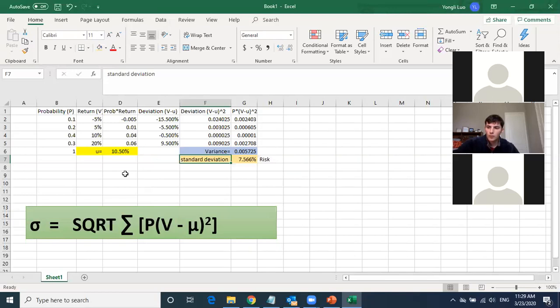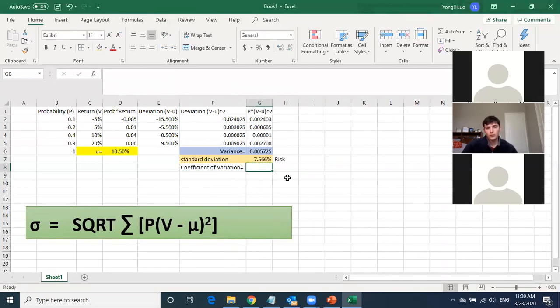What about these two stocks where the return and standard deviation are different? The one we need is called the coefficient of variation.